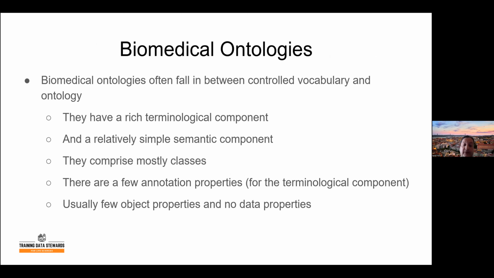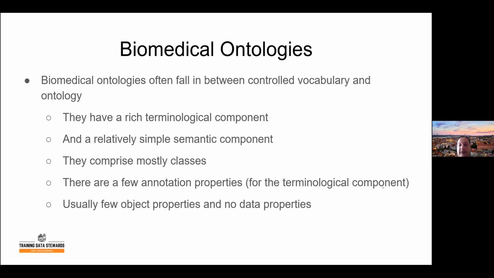And they have a semantic component, at least a class hierarchy of classes and subclasses, but it's usually relatively simple. So they are mostly a structure of classes, and they have very few annotation properties. Okay, they have a few annotation properties because of the terminological component.